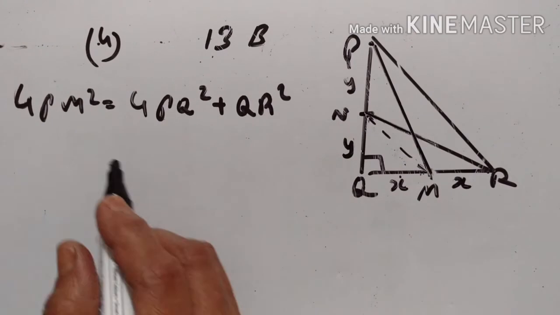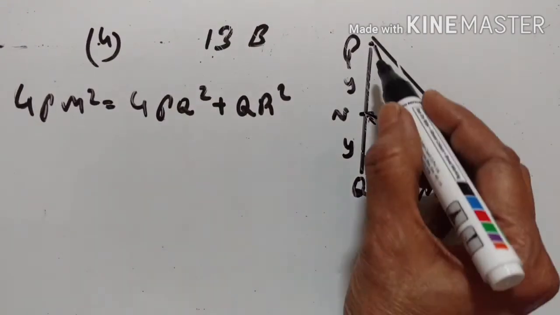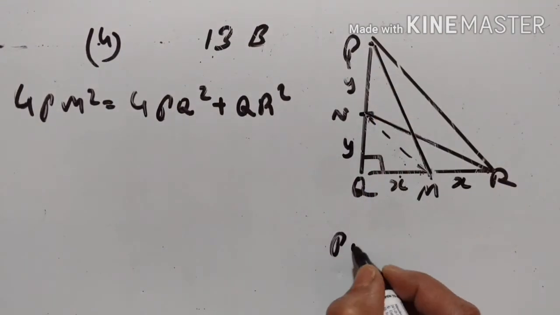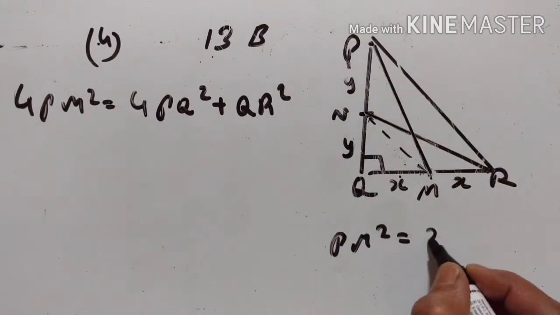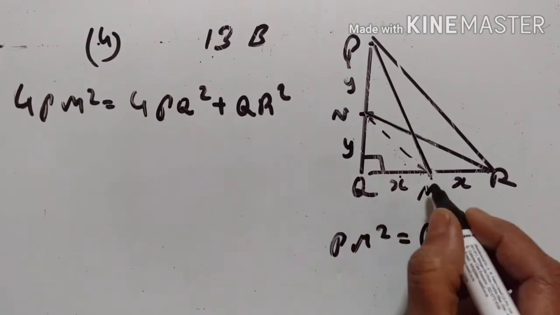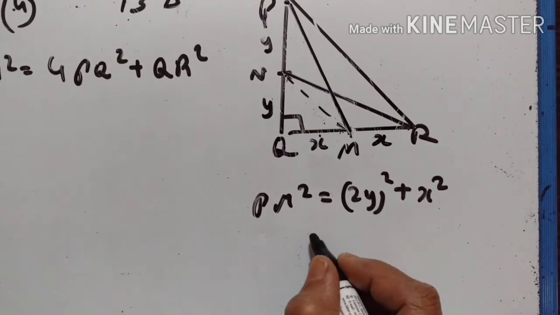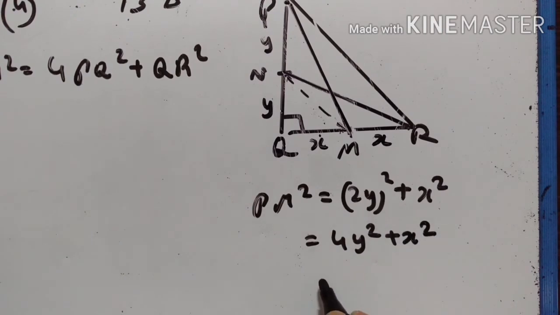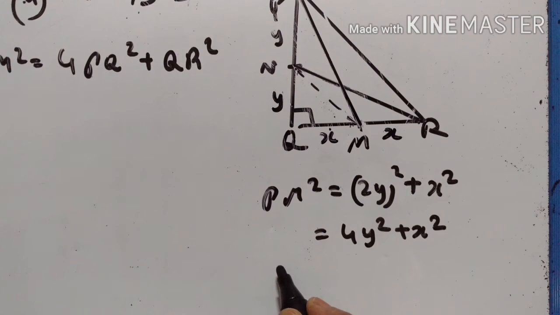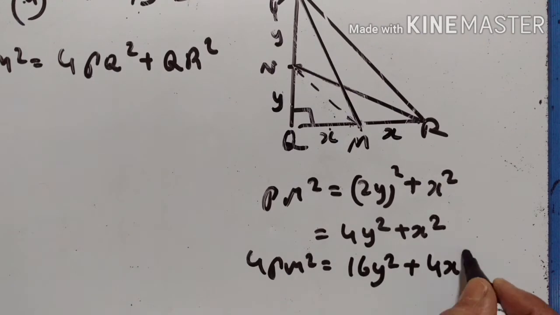Next we have to prove that 4PM squared is equal to 4PQ squared plus QR squared. What is PM squared now? PM square is equal to PQ squared plus QM squared, that is 2y square plus x square. This is equal to 4y square plus x square. So 4PM square is equal to 4 into 4y square plus x square, that is 16y square plus 4x square.